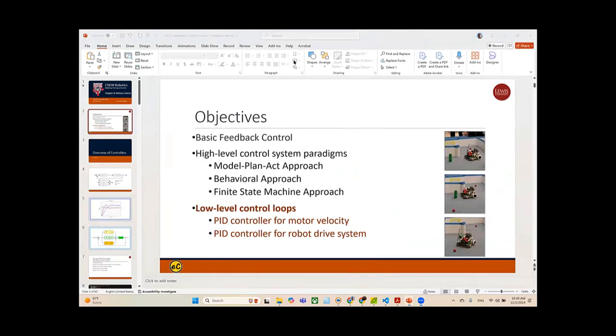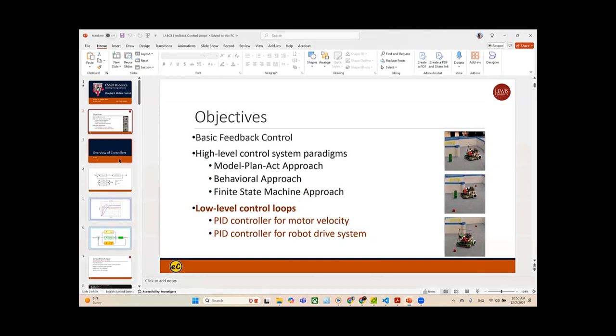That is PID control, proportional integral derivative controller, for your motor speed. So low-level control means only the control loop that controls your system variable, while high-level control means your overall robot architecture. These two things are different.